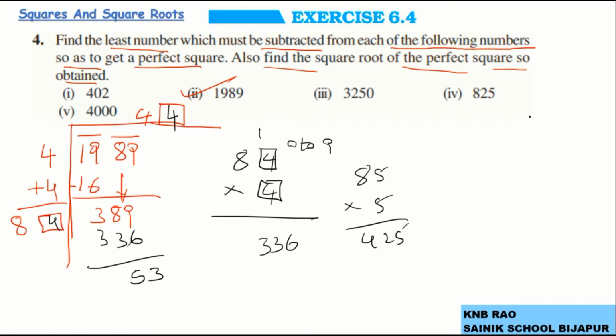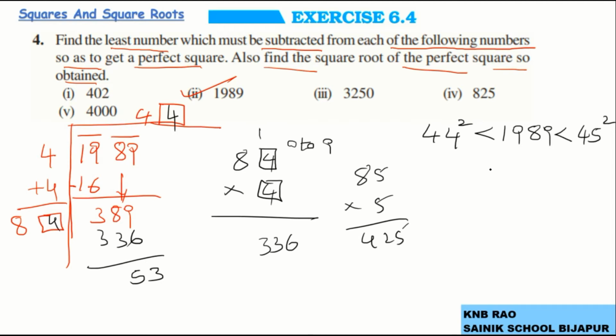That means we have 1989 lying between the square of 44 and the square of 45.